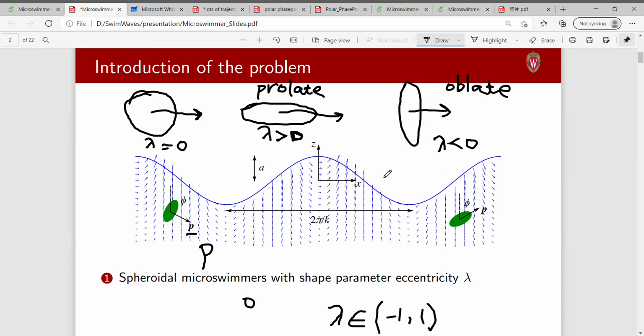These microswimmers can only swim in their axial direction, which means that for the sphere, which is symmetric, we cannot determine which direction it is swimming. But the prolate microswimmer can only swim along its long axis, and the oblate one can only swim in this direction.